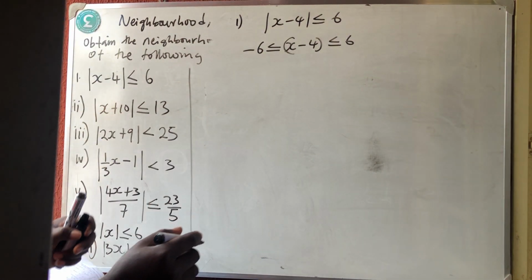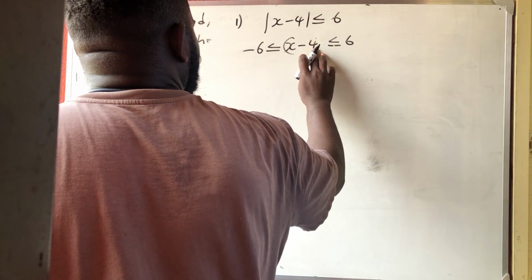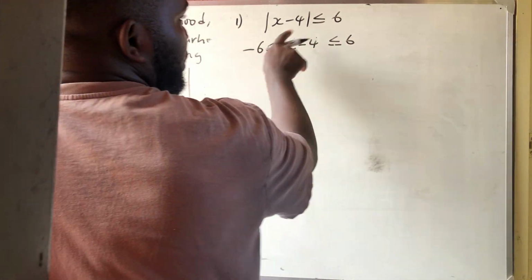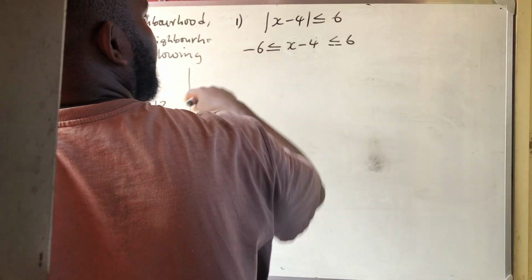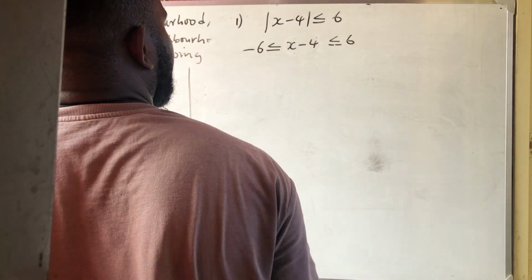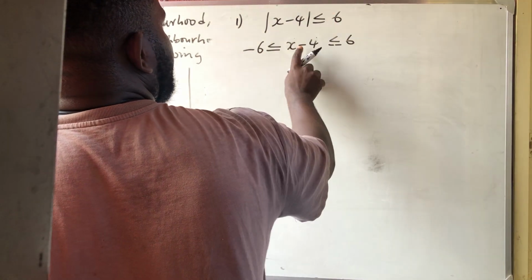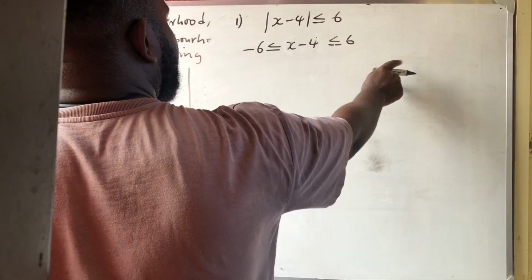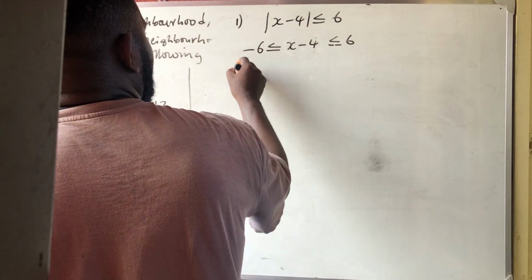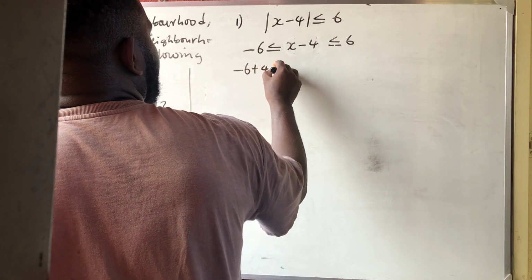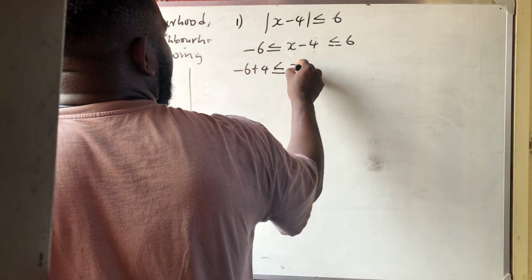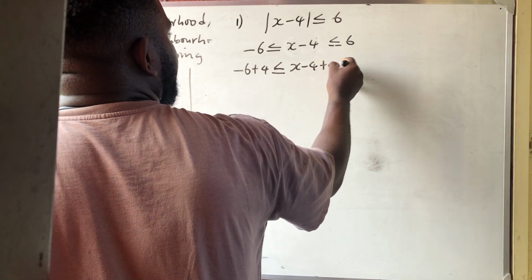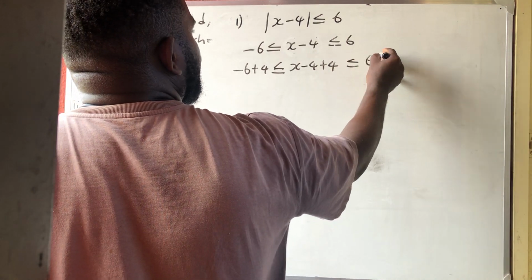You see the way I remove the absolute value. Once you put the negative of the right hand side on the other side, you have removed the absolute value. So this is -4; when it crosses it becomes plus 4, so add plus 4 to every side. So I have -6 + 4 is less than or equal to x - 4 + 4, which is less than or equal to 6 + 4.